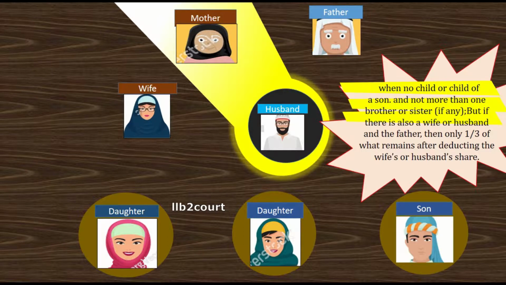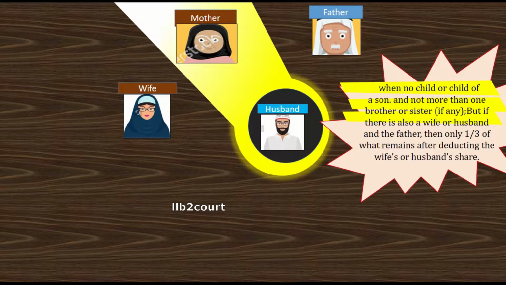But there is also one more condition. If there is also a wife or husband and the father, then the mother gets only 1/3 of what remains after deducting the wife's or husband's share. Here in this picture, the deceased person is survived by wife, mother and father.